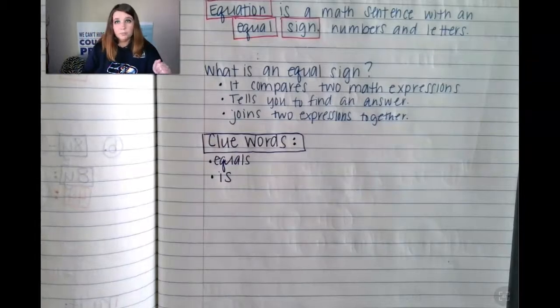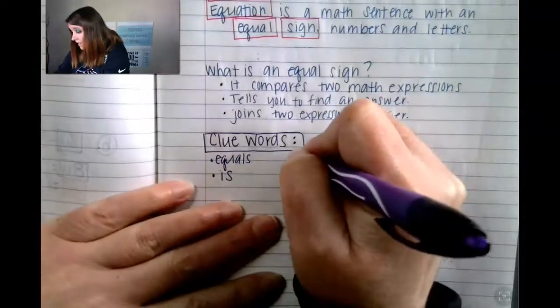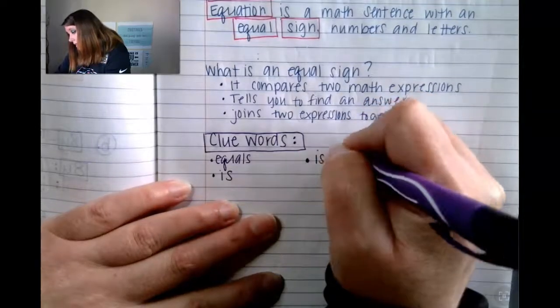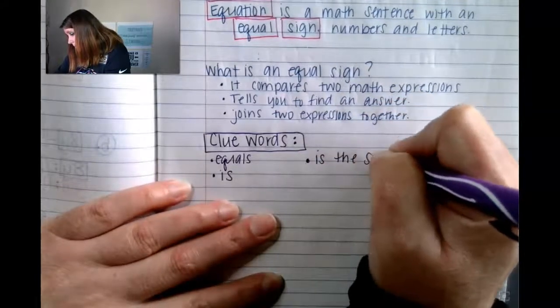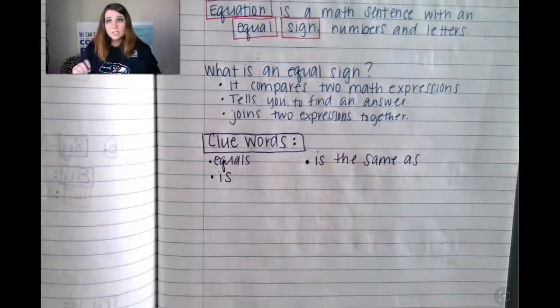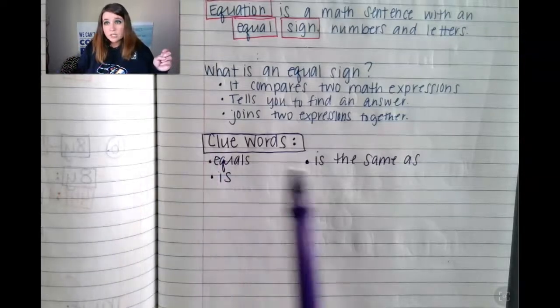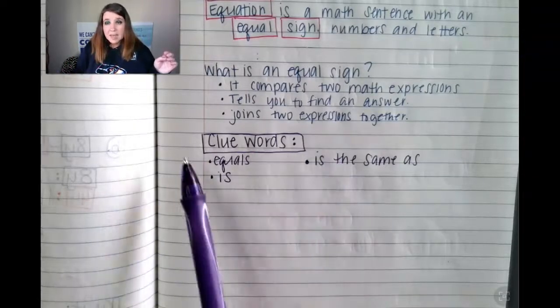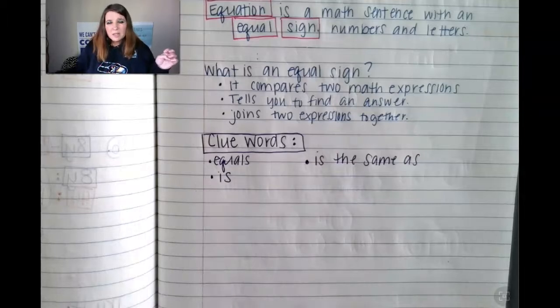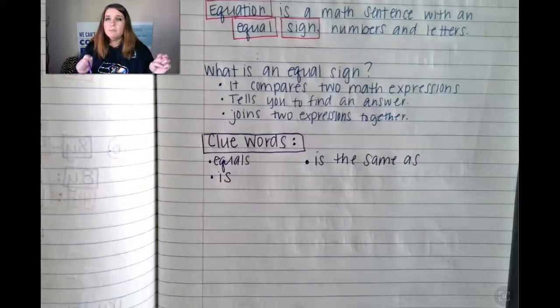Another clue word that you might see, and one that I say often, is the same as. These are clue words that signal to you, use an equal sign. When you see these words, equals, is, the same as, this means put down an equal sign. Just write one down. Just get it right on that paper. Yep, that's what that means.